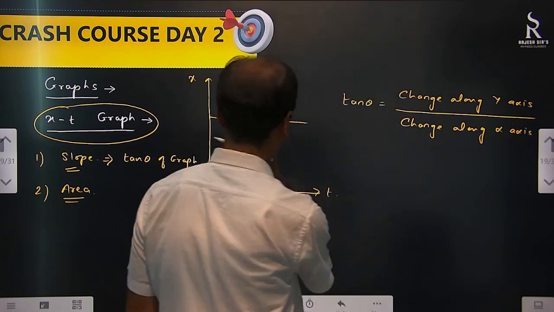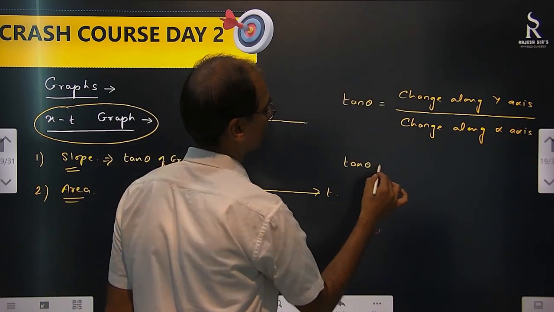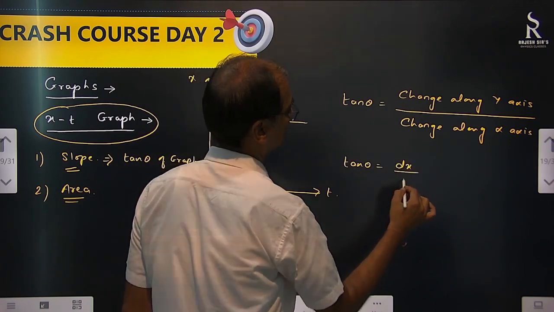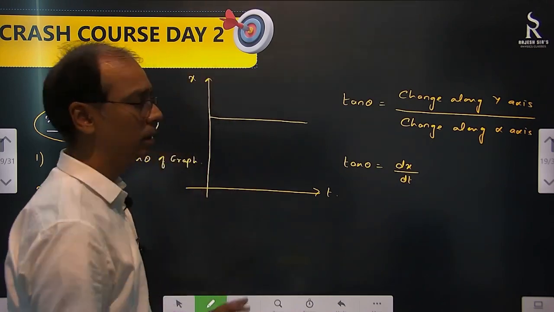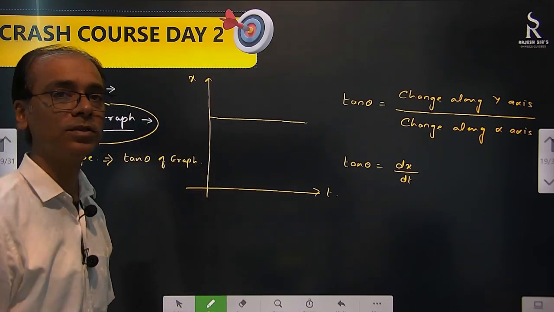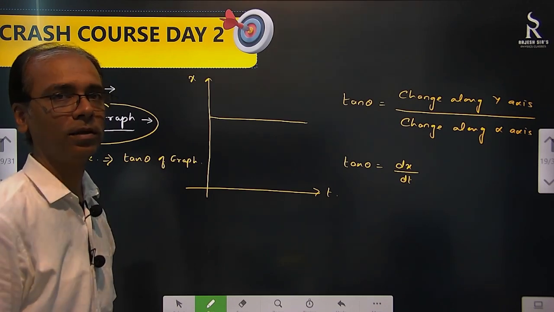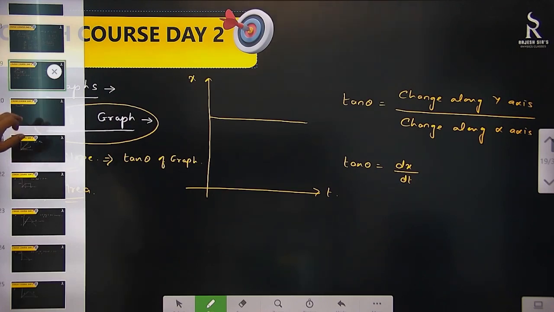So in this one, tan theta, basically your slope, is actually dx by dt. This is change along the y-axis, this is change along the x-axis, dx by dt. And what is dx by dt? Velocity. Velocity only, no? We have discussed this already. Where is velocity here?